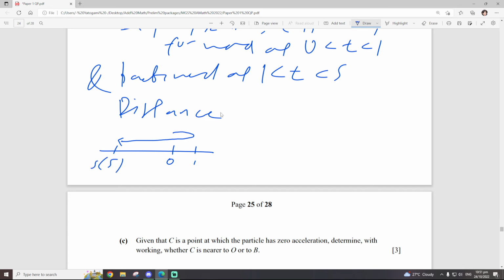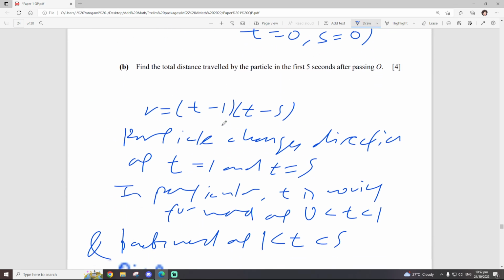I'll write S5 actually. Okay, S0 is 0. Then this is S1, you need to consider the distance from the origin to S1 and back, plus the distance from the origin to S5. So this will be 2S1. S5 is going to be negative, so 2S1 minus S5.